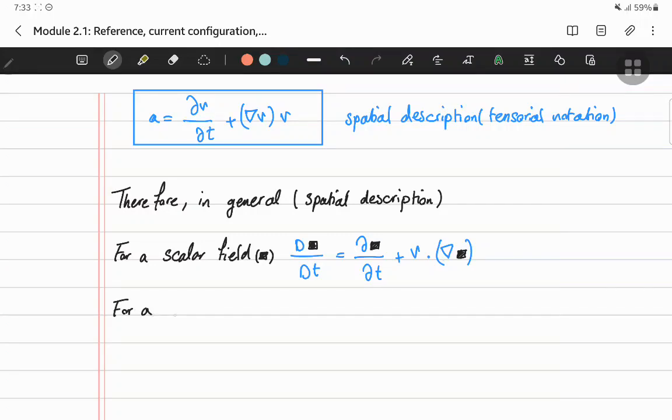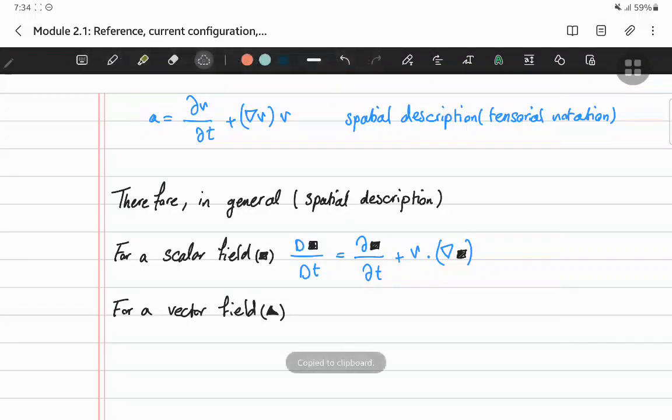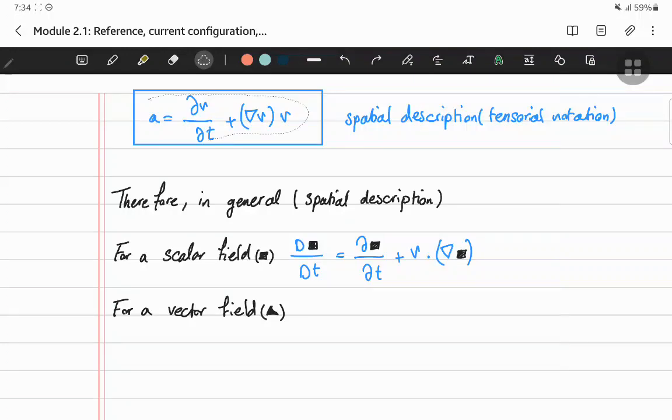So for a vector field, let's call it this black triangle, you have something like this. So if I just copy this and paste it here, you have this. So I can remove this in here and also this in here.